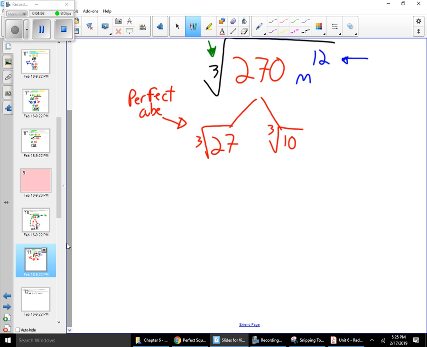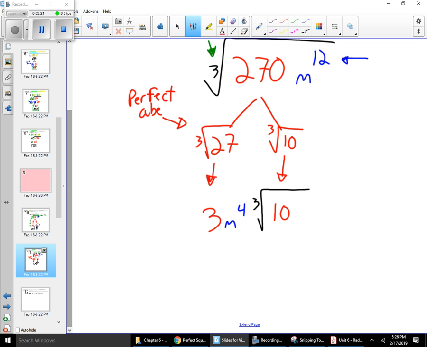Putting all of this together, the cube root of 27 is 3, and m to the 4th comes out of the radical, again, because 3 goes into 12 4 times. The 10 is left behind. Cube root of 10 is not a nice number, so we just bring it down. And there are no m's under the radical because 3 went into 12 exactly 4 times.